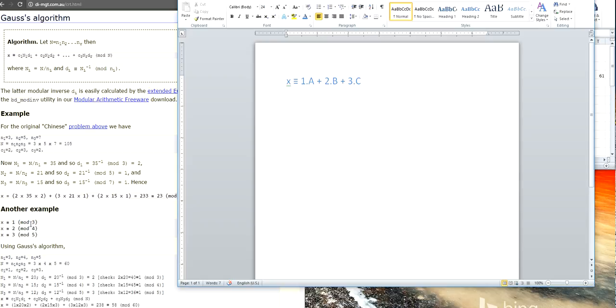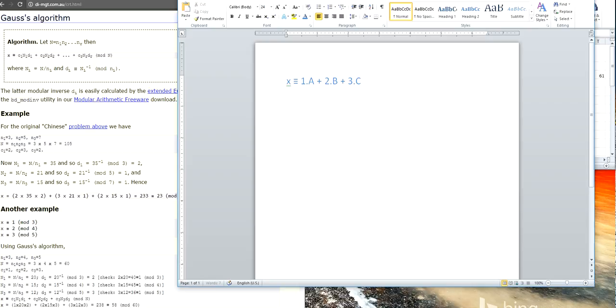let's consider this first equation alone. So if this whole number is going to be 1 mod 3, then these two terms should be completely divisible by 3. So we can write like this.